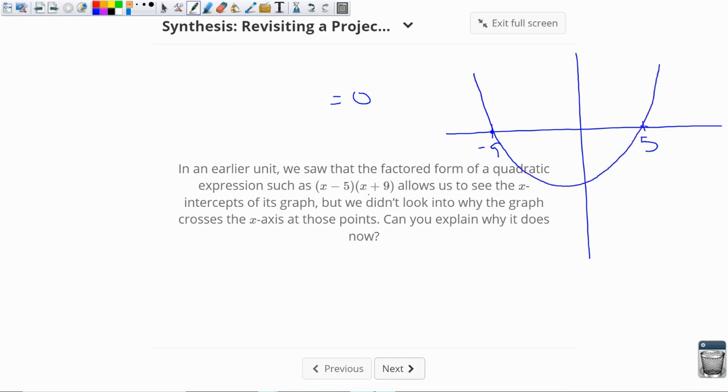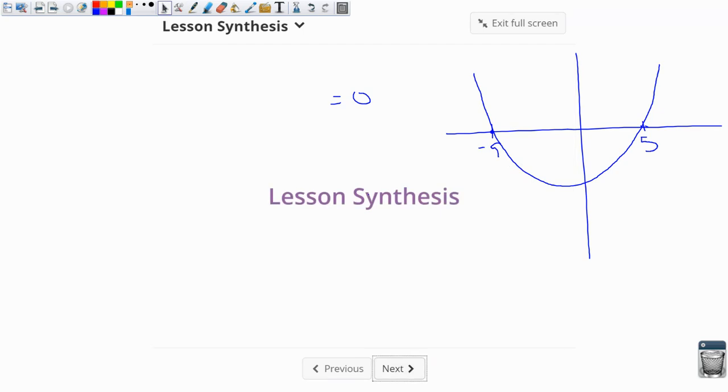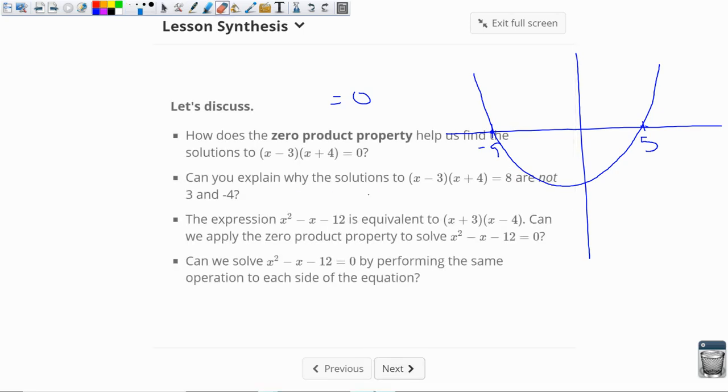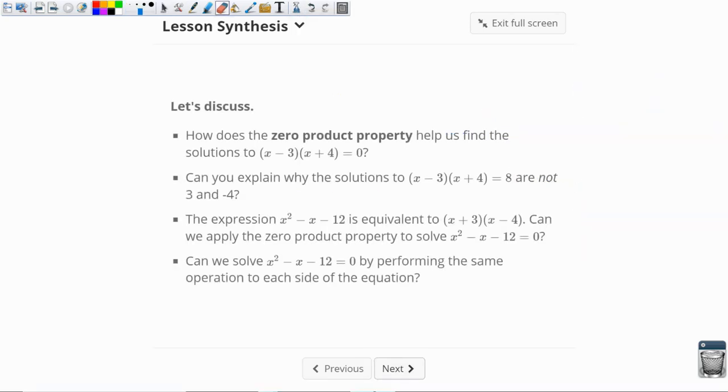All right, great. Let's check in. How does the zero product property help us find the solutions? It makes it really super easy. We just have to find what makes that equal to 0 and what makes that equal to 0. Can you explain why the solutions to that equals 8 are not 3 and negative 4?